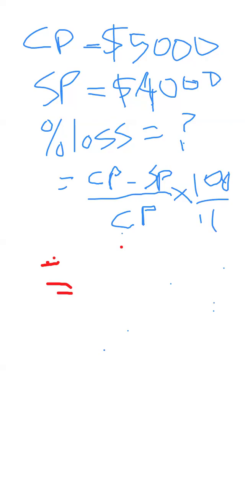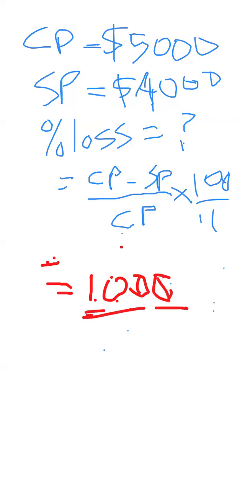So 5,000 minus SP, which is 4,000, is going to be 1,000. Do you agree with that? Okay. So I have 1,000 at the top there. Then underneath, I have CP. CP again is 5,000, isn't it? Okay. I'm having some difficulty doing that.